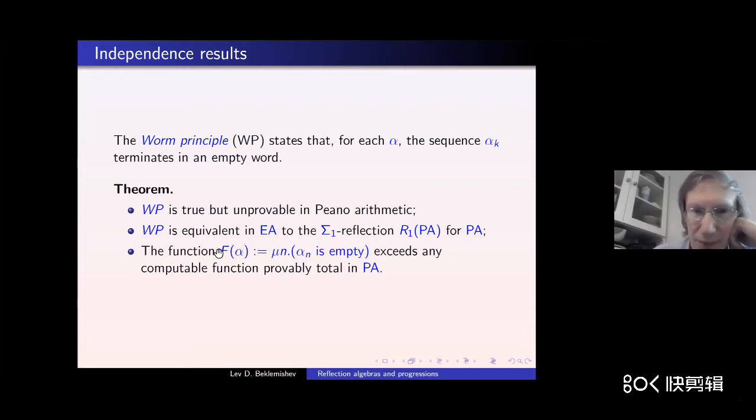So f of alpha is the minimal natural number n such that alpha n is empty. In other words, the length of this game. The third statement states that this function f of alpha exceeds any computable function that can be proved to be everywhere defined in Peano arithmetic. So that's the essential property of this construction.